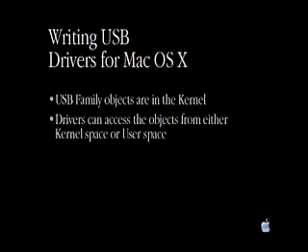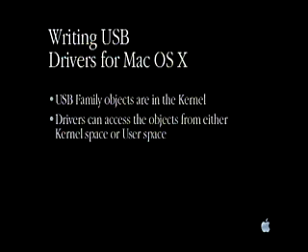The USB family is in the kernel. There's 4 or 5 objects that we provide. They are delivered as a kernel extension that goes in the extensions folder. We use this facility to update USB without having to give you a whole new kernel.